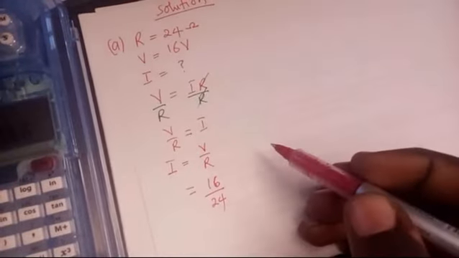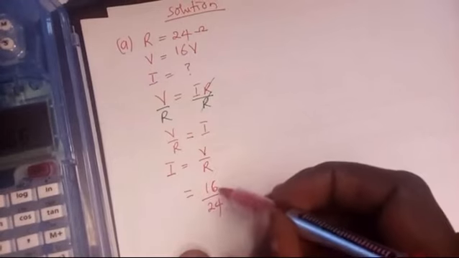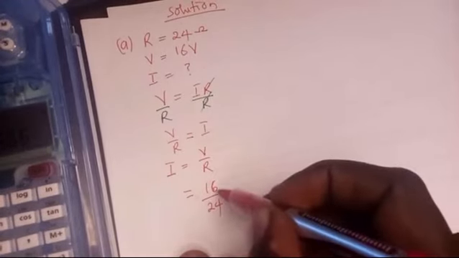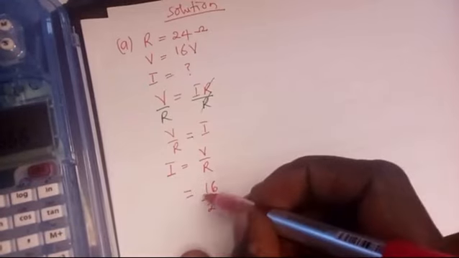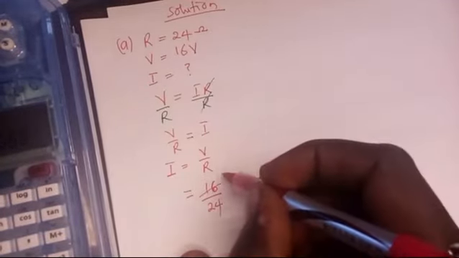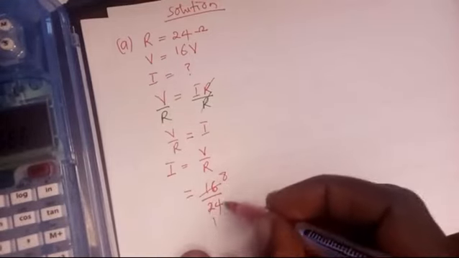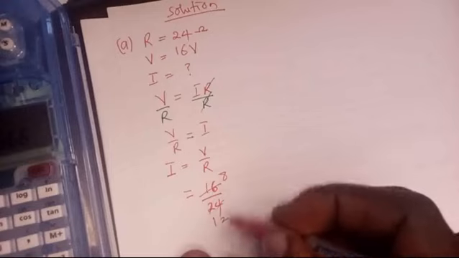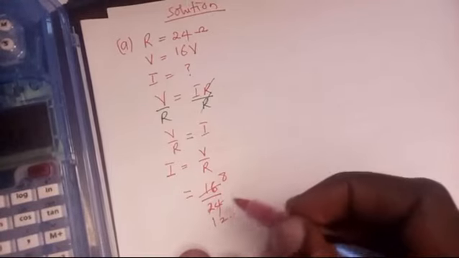simplify this one to get it in fraction. Okay, now in fraction, what number will enter 16 and 24 without any remainder? We know 2 can enter here, 2 times 8 is 16, and 2 into 24 is 12. So you have 8 here, you have 12 here. Again, 2 can enter both without any remainder.